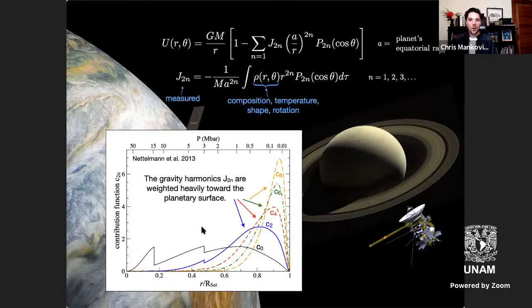And you can see that in general, all of these gravity harmonics are weighted heavily toward the planetary surface. And so they intrinsically carry kind of weak information about the deepest interior parts of the planet. C0 in this case is just the contribution function to the total mass, which we know anyway, so it's not helpful. So there's kind of an inherent disadvantage in using these quantities to study the deepest parts of the interior.